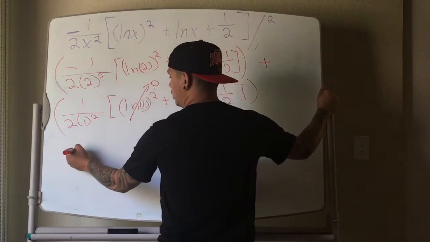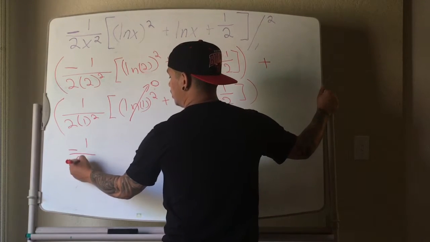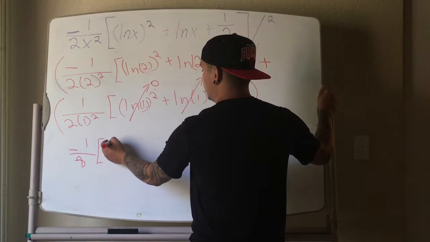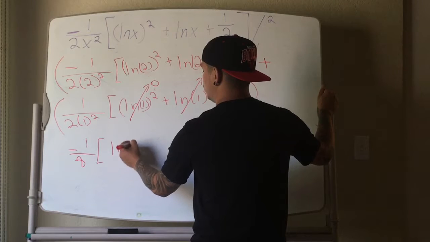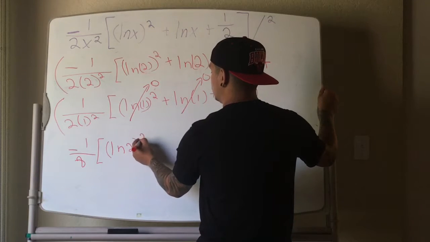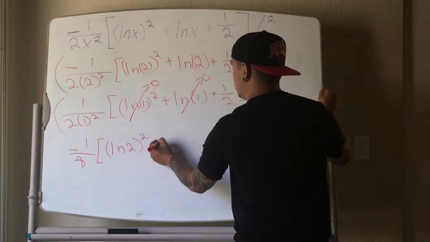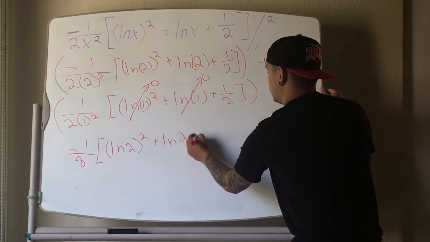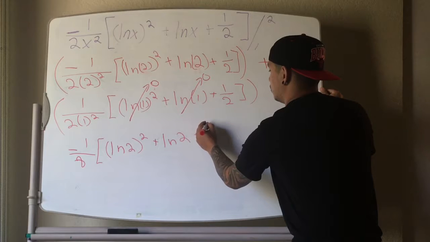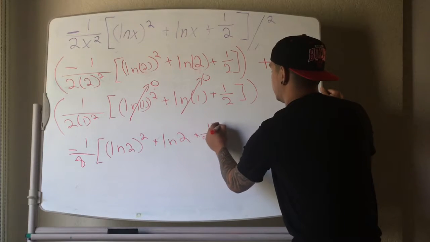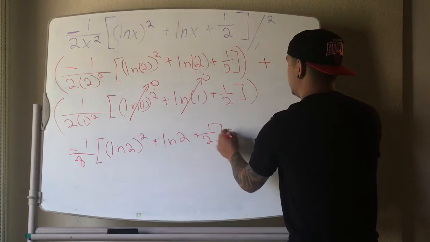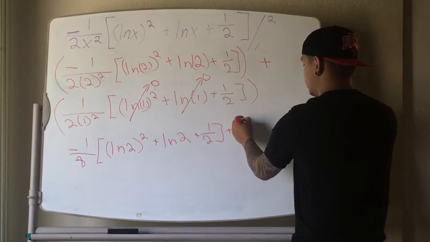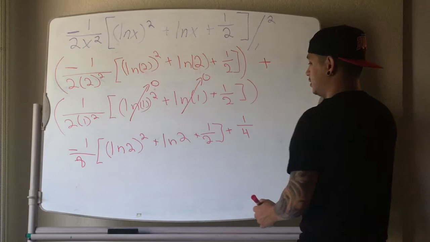Let's just say it's negative 1/8 times ln2 squared plus ln2 plus 1/2 plus, now when you multiply this, this is 1/2 times 1/2, that's 1/4, right?